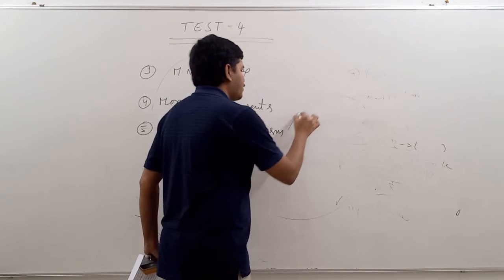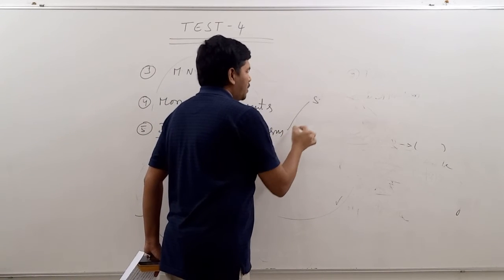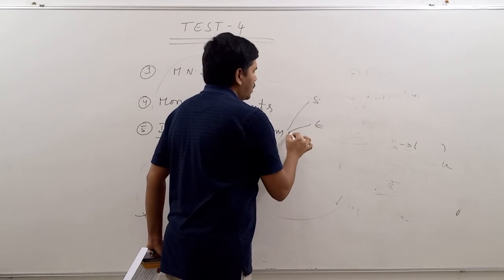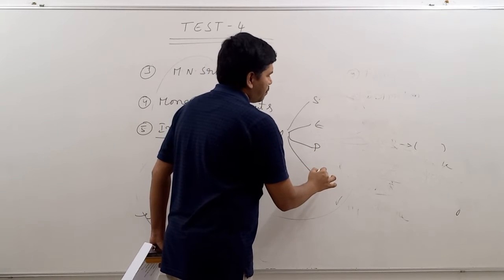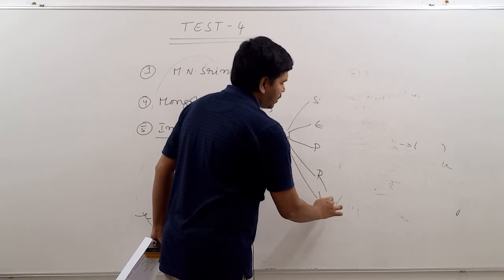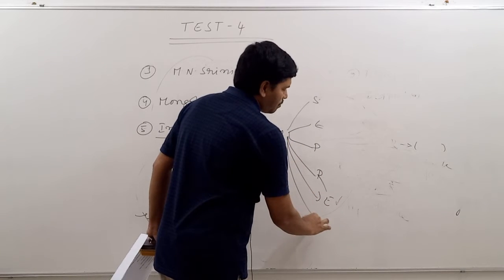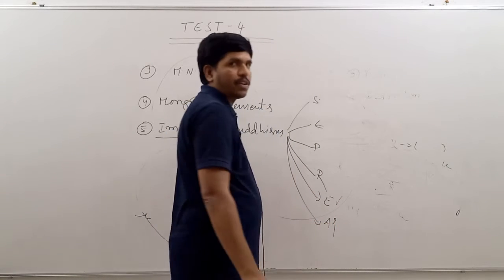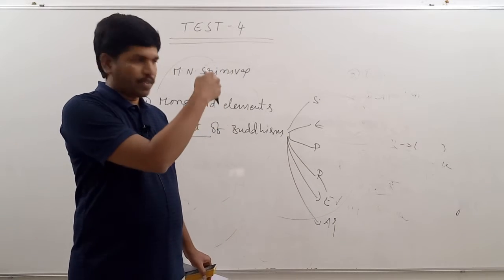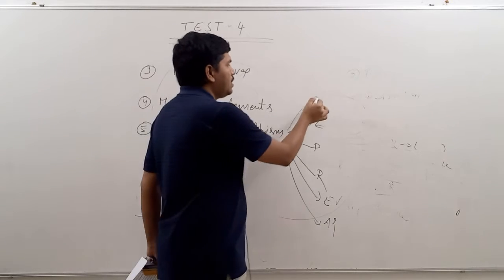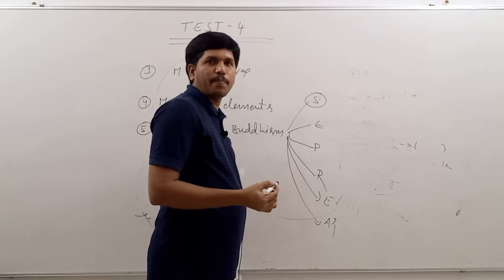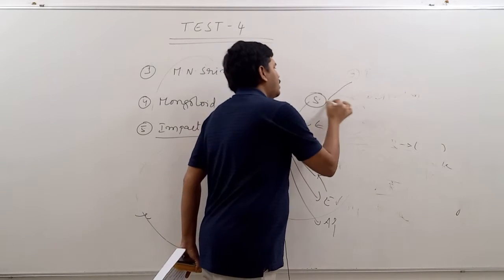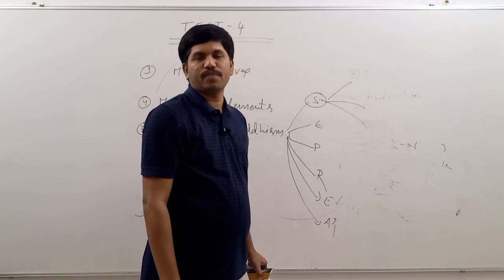Then write like this: impact in the social sphere, impact in the economic sphere, impact in the political sphere, impact in the religious sphere, impact in the education and literature, impact on art and architecture. Like this, give subheadings. Under each subheading, impact in social life, again, write what are the impacts.